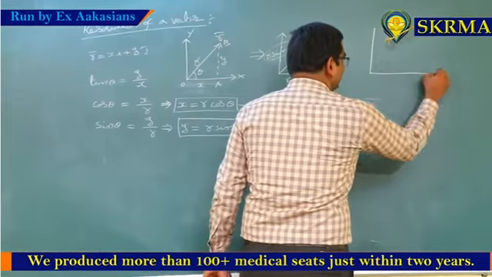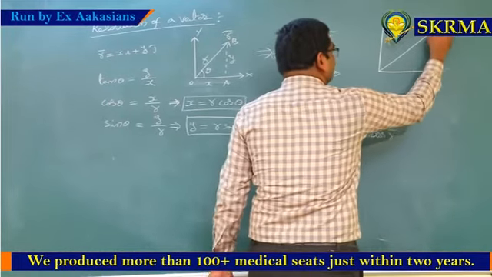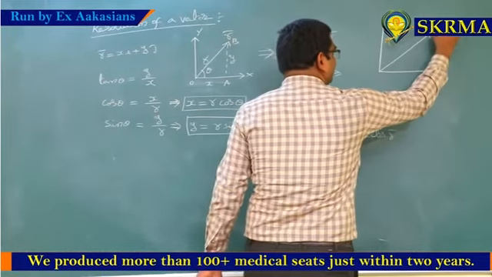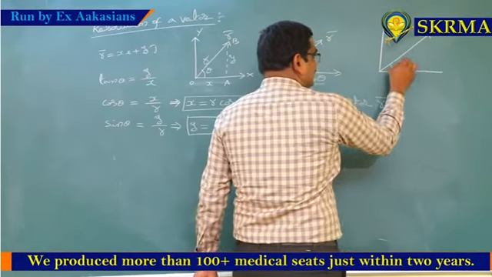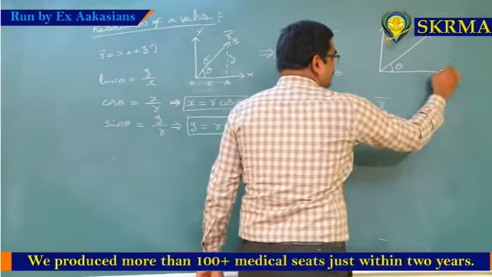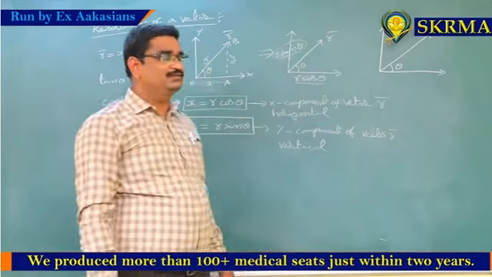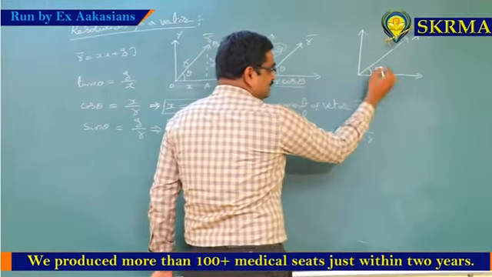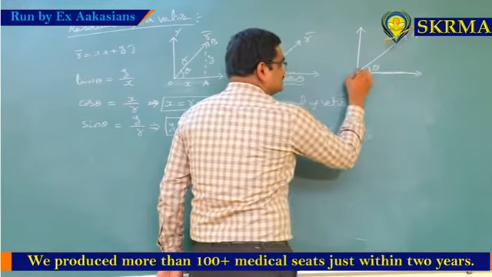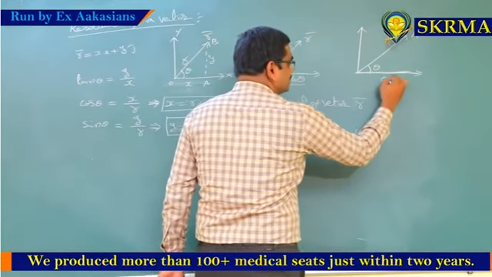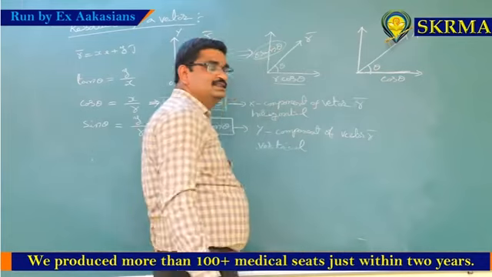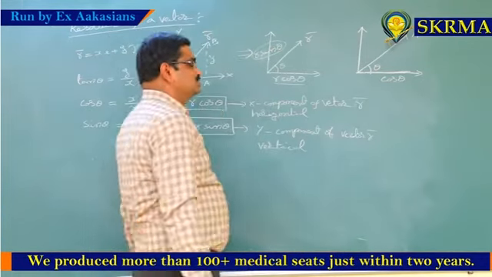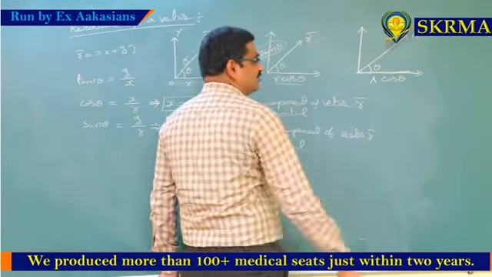So for example, this is vector A. Here is the angle. Now what is the x component of this vector? So this is theta. Adjacent side of theta is this one, so this is always a cos theta term. So write it as A cos theta.